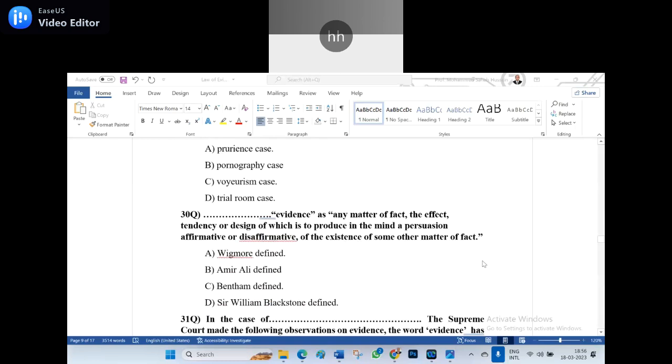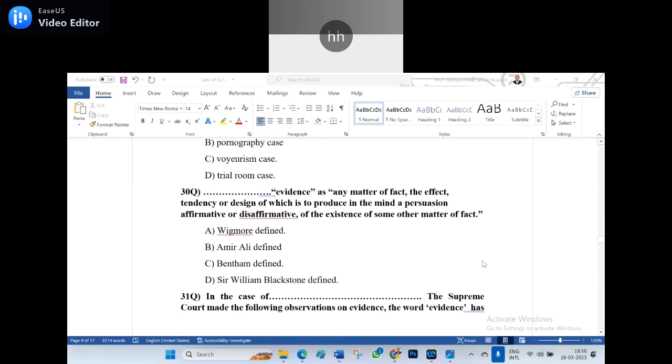Okay, next 30th question. Dash evidence as any matter of fact, the effect, tendency, or design of which is to produce in the mind a persuasion, affirmative or disaffirmative, of the existence of some other matter of fact, end quote. Who said? A. Wigmore defined. B. Amir Ali defined. C. Bentham defined.